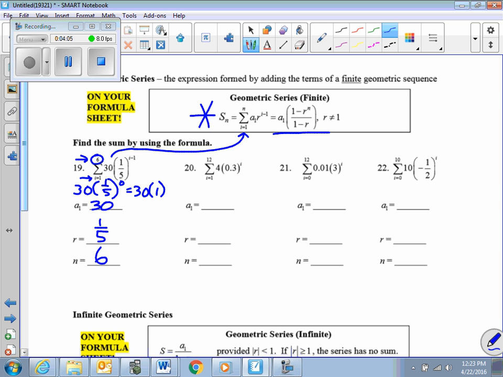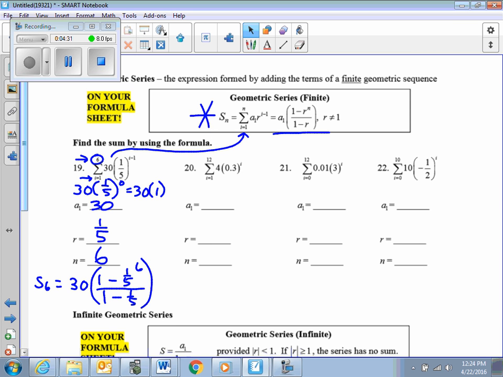All right, so how do I do that with my formula? The sum of the 6 terms is the first term, 30, multiplied by 1 minus r to the n. Remember r is 1/5 and n is 6. And then I have to divide that by 1 minus a fifth. You have to be careful when you're doing this with your calculator. I'm going to punch that into my calculator right now and put the answer here for you. Whew, that's a terrible calculation.